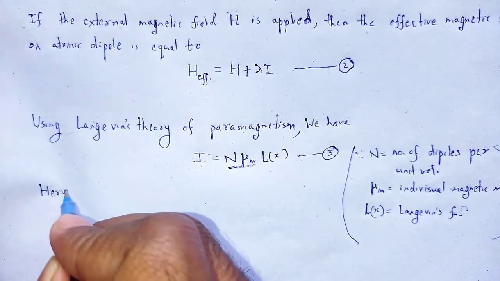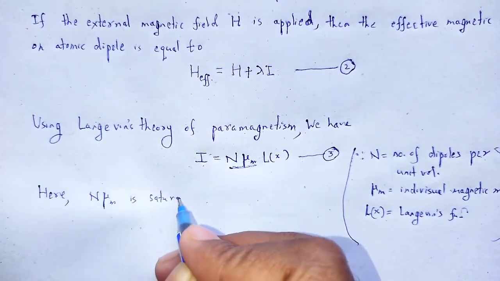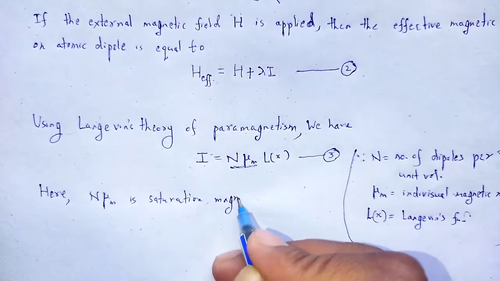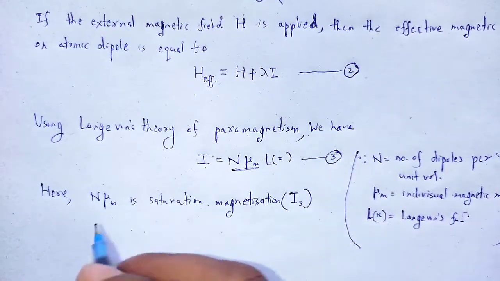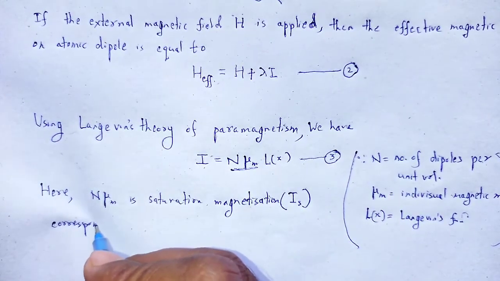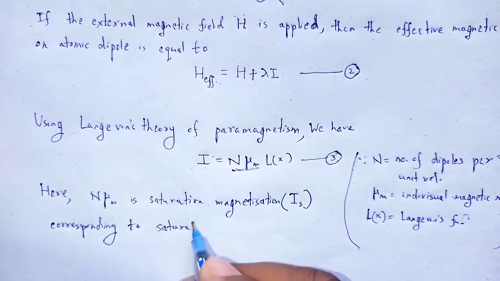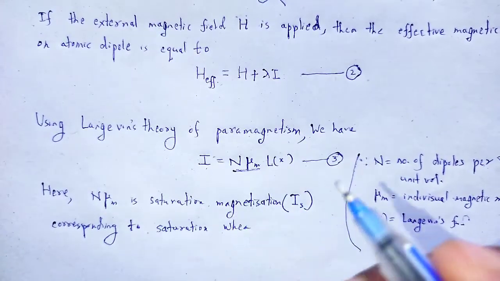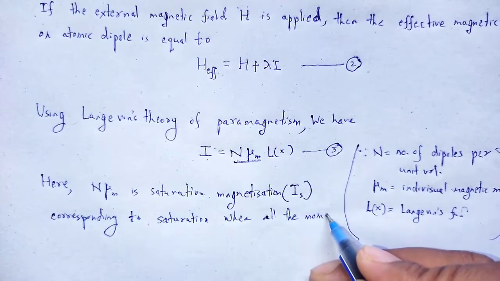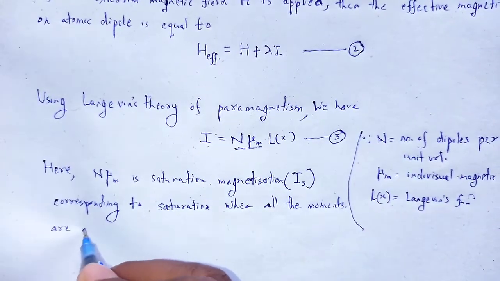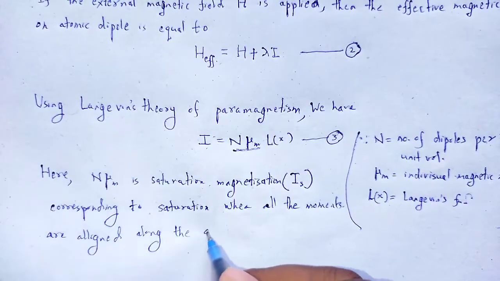Here N into mu m is the saturation magnetization, represented by Is, which corresponds to saturation, when all the magnetic moments are aligned along the applied magnetic field.